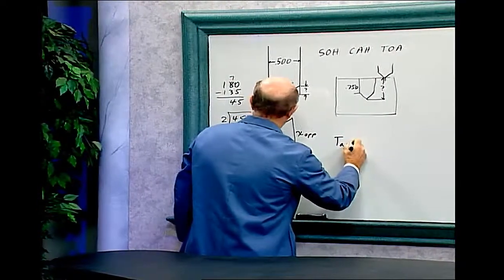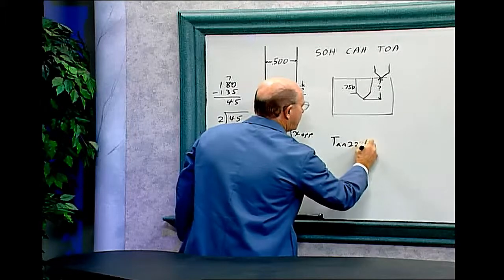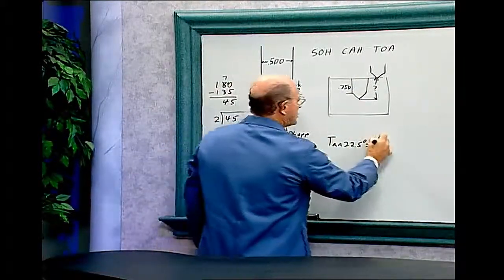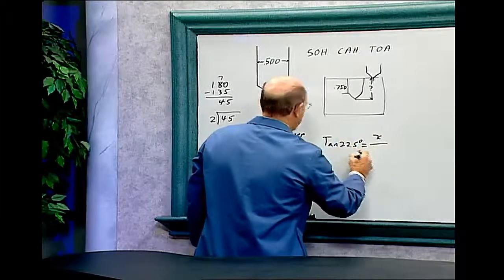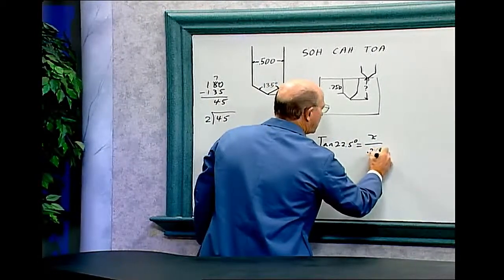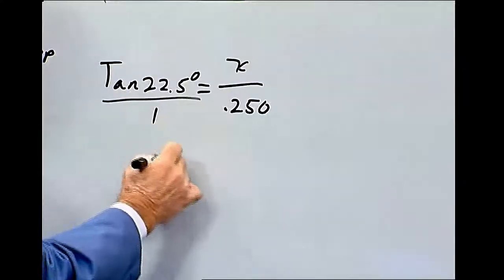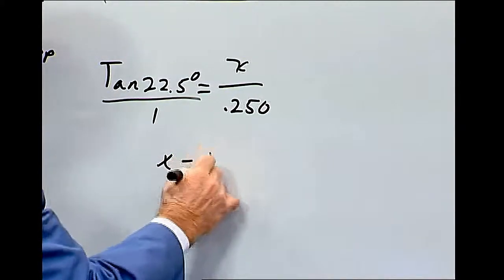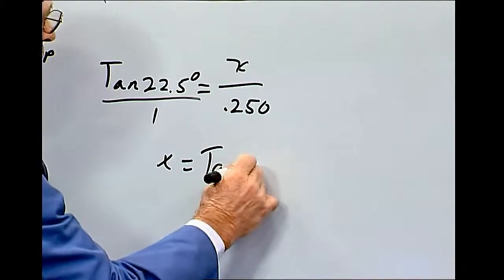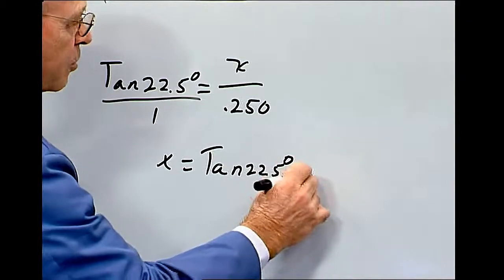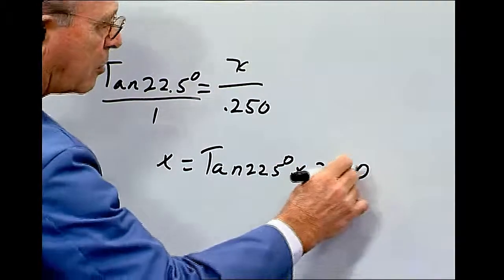Tangent 22.5 degrees equals opposite, which is x, over 0.250. Let's cross multiply. So x equals tangent 22.5 degrees times 0.250.